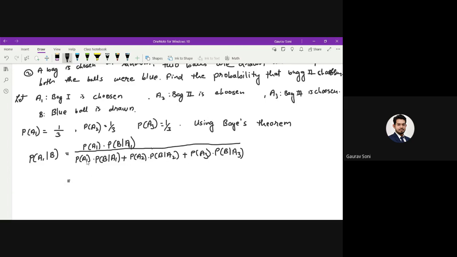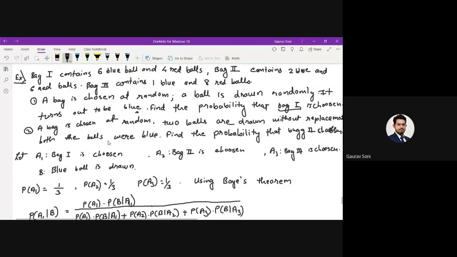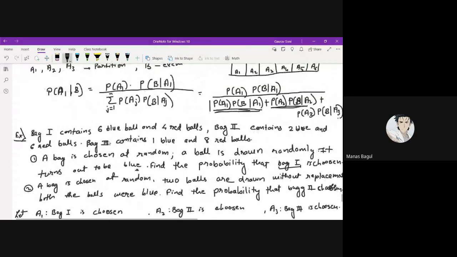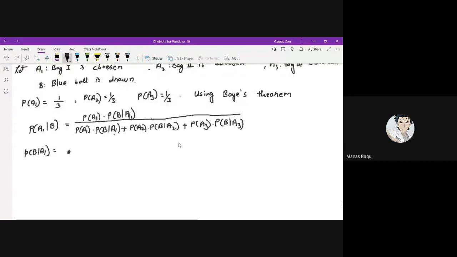So let's look at the probabilities. We'll need the probability of B when A1 has occurred, the probability of B when A2 has occurred, and so on. The first one, probability of B when A1 has occurred. Yes, anyone? 6/10, so 3/5, exactly right.